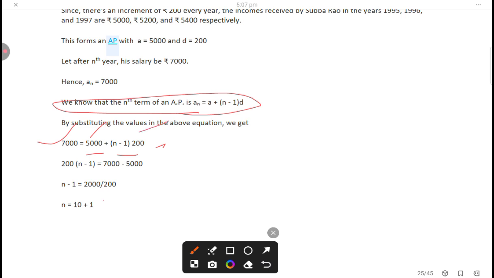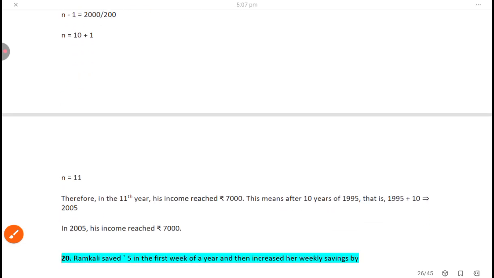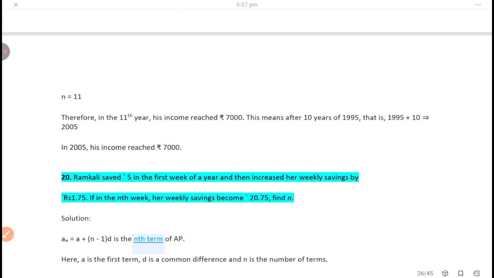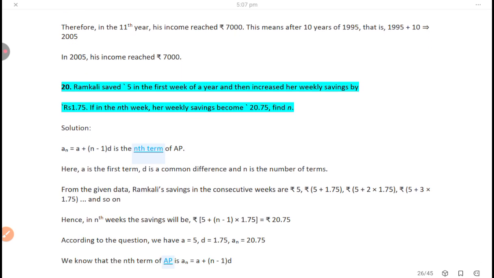You can find n. So n equals 11. Therefore in the 11th year his income reached 7,000. That means 10 years after 1995, that is 1995 plus 10, so in the year 2005 his income reached 7,000.